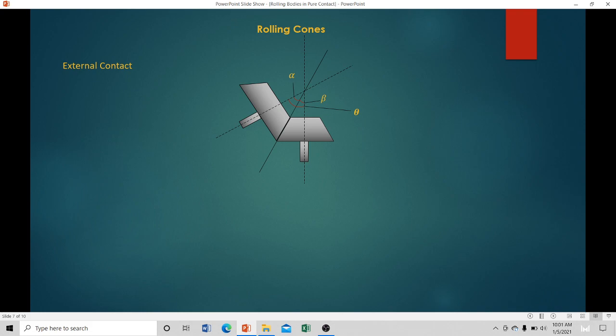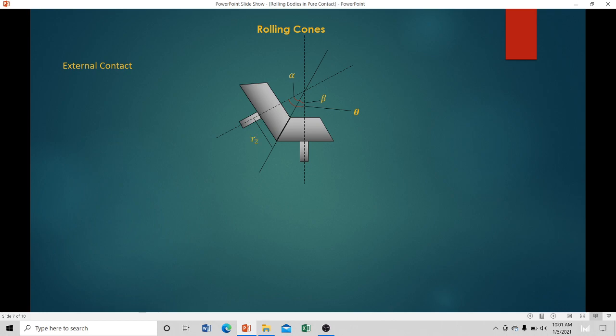So the angle alpha is the angle of the bigger shaft or bigger cone. Beta is the angle of the smaller cone. Theta is the angle between these two shafts.